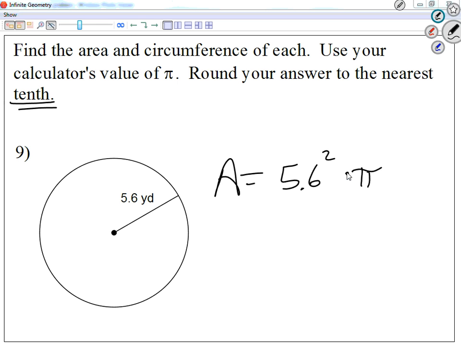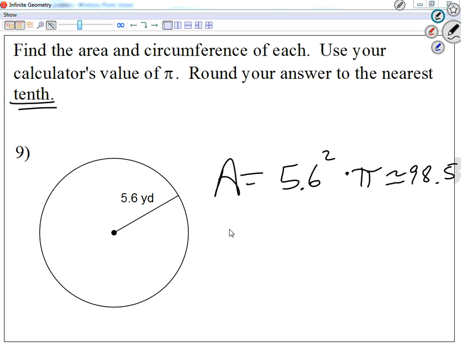And you get 98.5. Once again, I rounded it to the nearest tenth. So remember, for area, radius squared times pi.